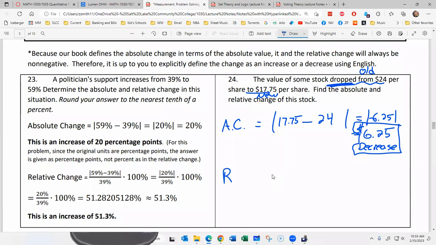Now the relative change, you can either do the entire fraction, new minus old over old, or you can just do the absolute change over old, since we already did the top part.